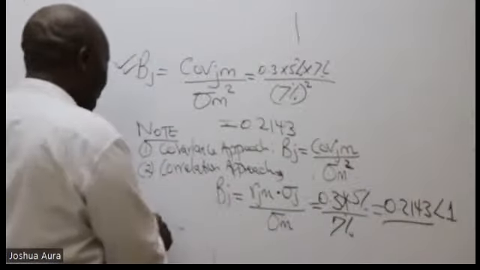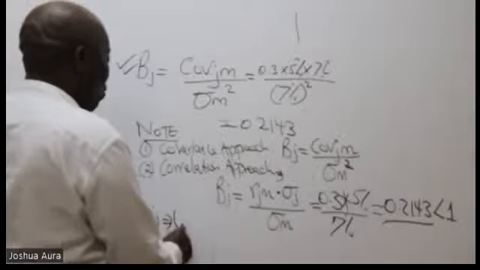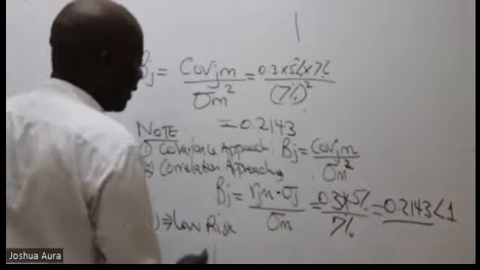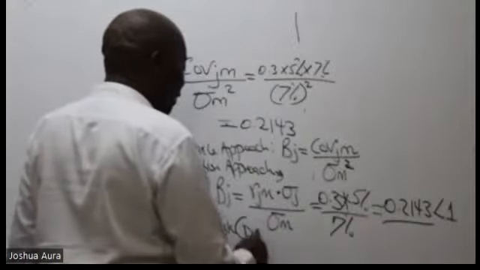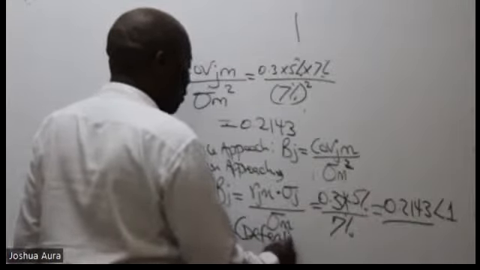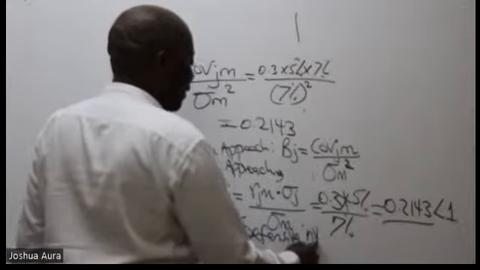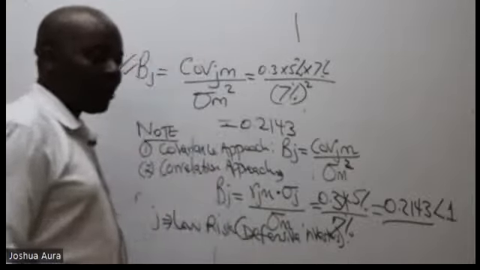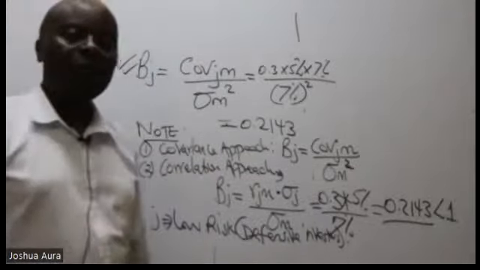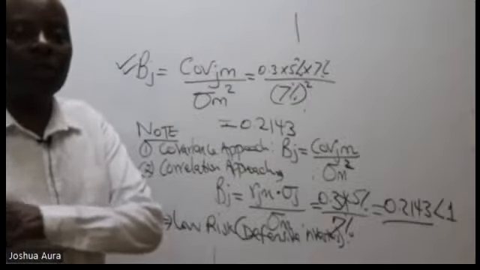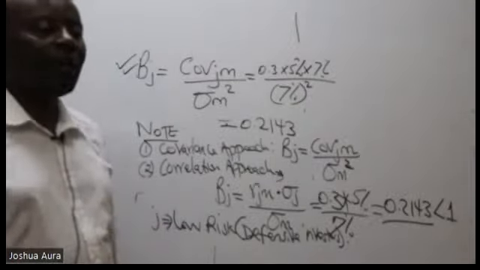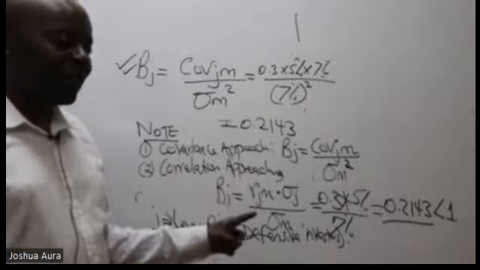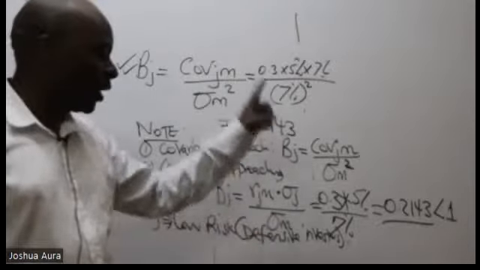So J is a low-risk security, which can only be bought by defensive investors or risk-averse investors. Don't forget, this should not make us detour.